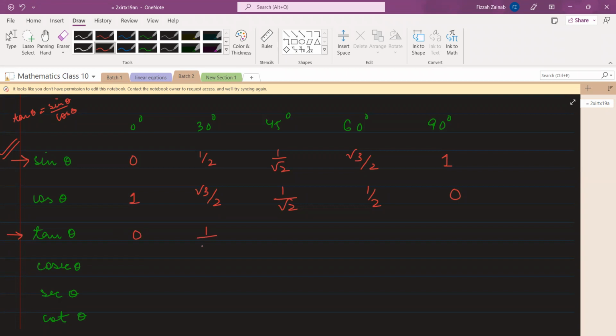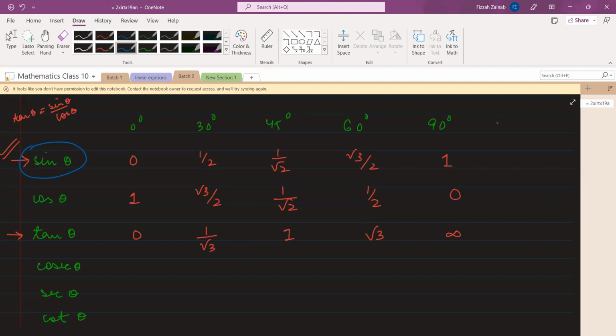This is 1 upon under root 3. This is 1, and this is under root 3, and this is not defined. Is everybody getting it? So actually it is only the value of sine which you have to remember. That's it.